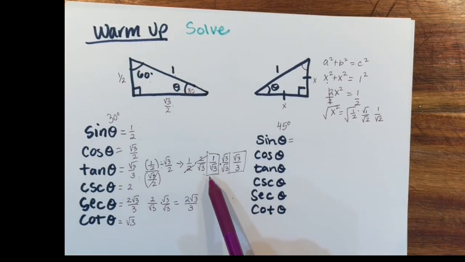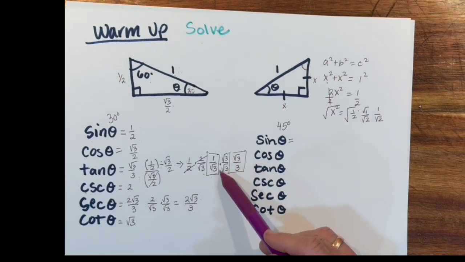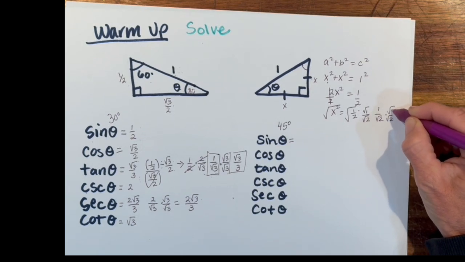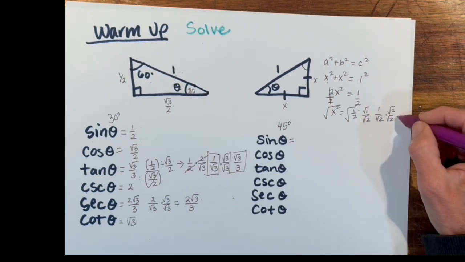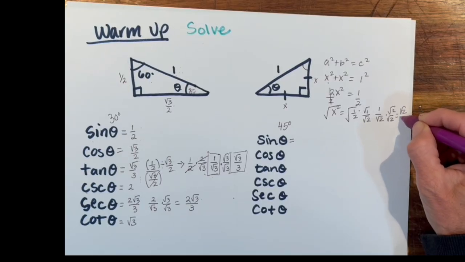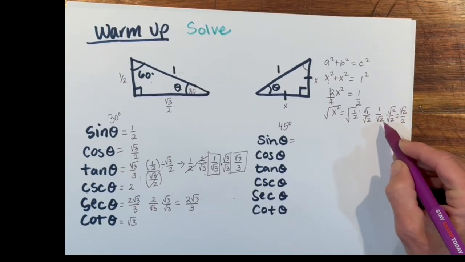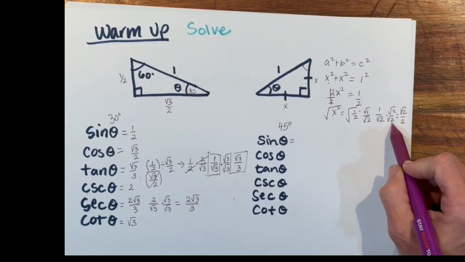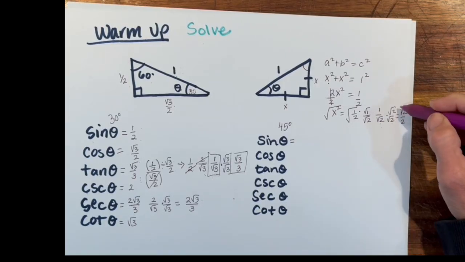But just like we saw over here with tangent, with the rad 3 in the denominator, we're going to need to multiply to rationalize this. So I multiply by rad 2 over rad 2, which gives me my final answer of rad 2 over 2, because rad 2 times rad 2 is rad 4, and the square root of 4 is 2.